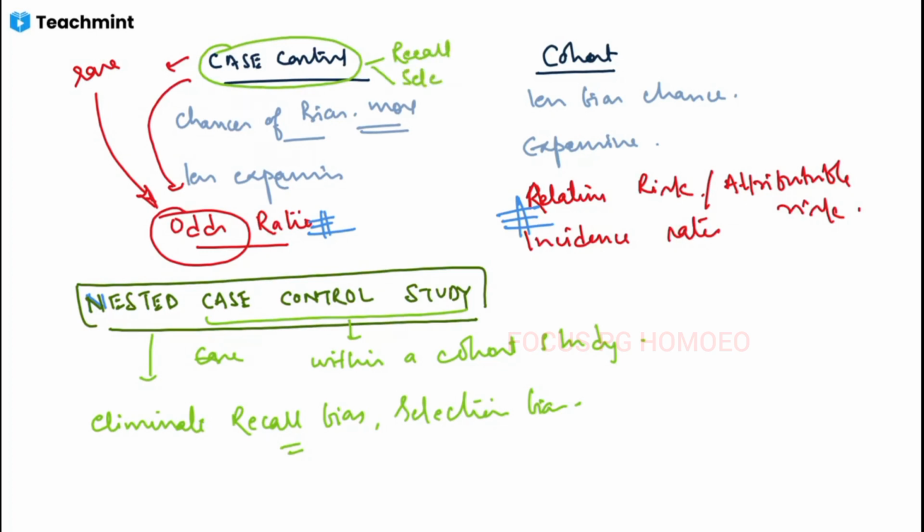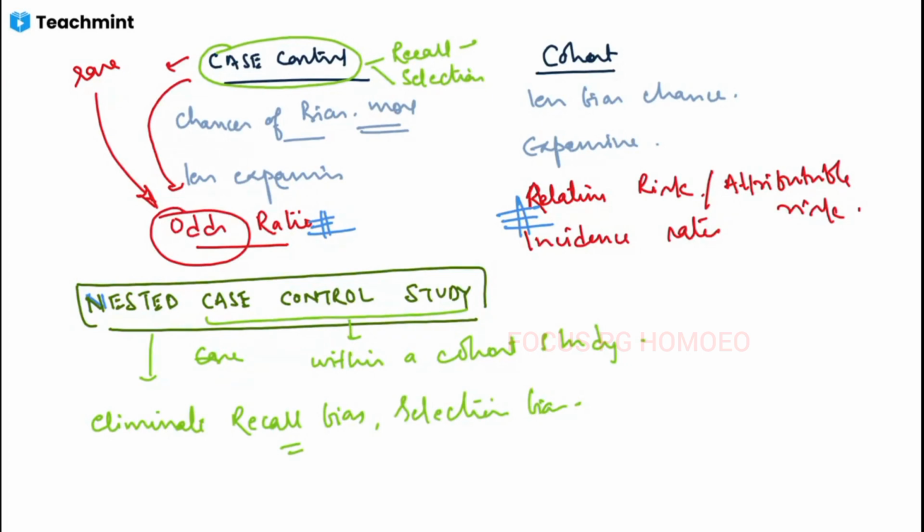Why? Because you are going to study some disease which is very rare, and you have to go retrospectively, go back and search who all suffered. There may be biasness in recalling.